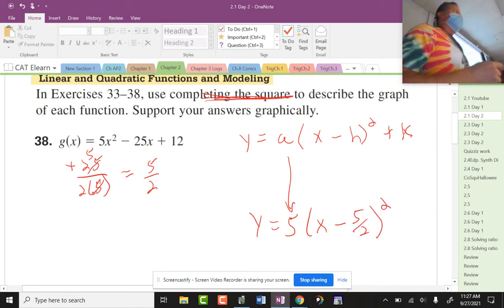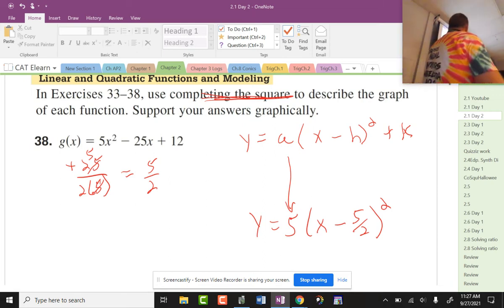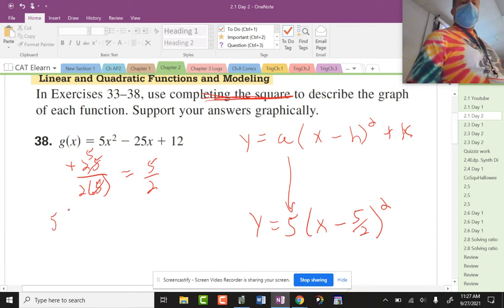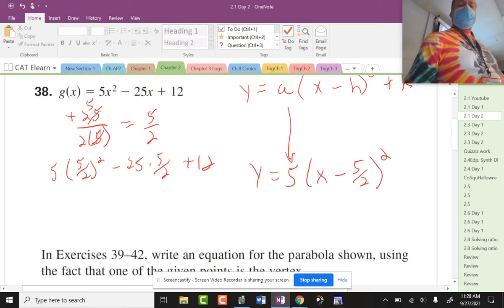All right. The toggle between intercept form and vertex form. And then plugging this in, 5 halves squared, not a big deal, 25 fourths, minus, oh boy, this is going to be big, 25 times 5 halves, plus 12. The pen doesn't write.